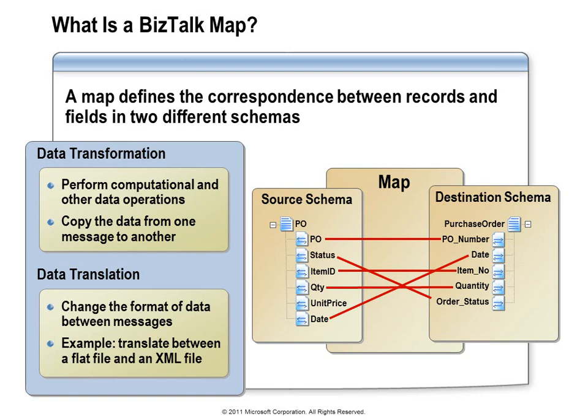Another example might be the date format. If our destination system does not understand the format of the date provided in our source message, we may have to perform some sort of string manipulation to convert that date into a format that the destination system understands. Another possibility is that our destination system might be able to accept alphanumeric item numbers, but it requires them to be in all caps.